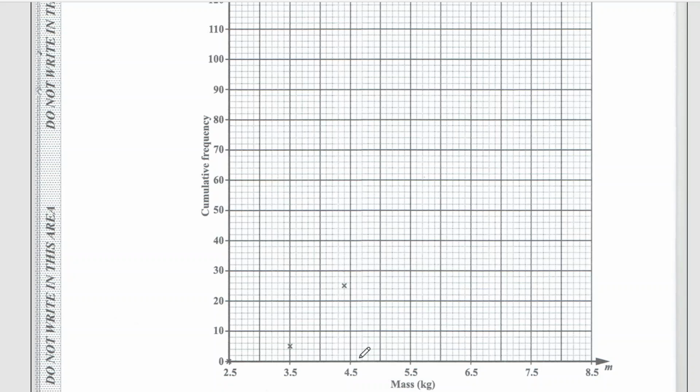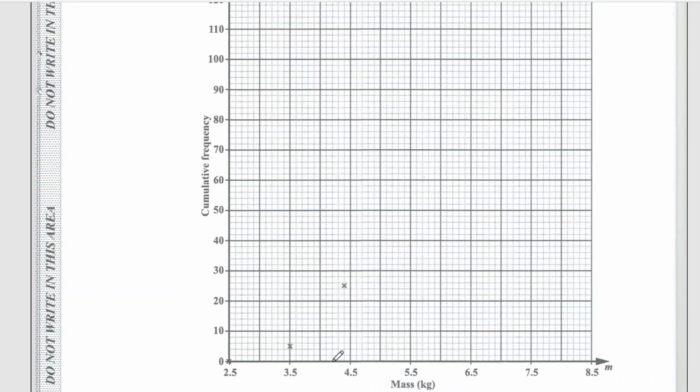So let me figure out what these small blocks are. On your y-axis, the cumulative frequency, the difference between these is 10 and it's 5 blocks, so each small block is 2. So there's 10, 12, 14, 16, 18, 20. This is in 2s.